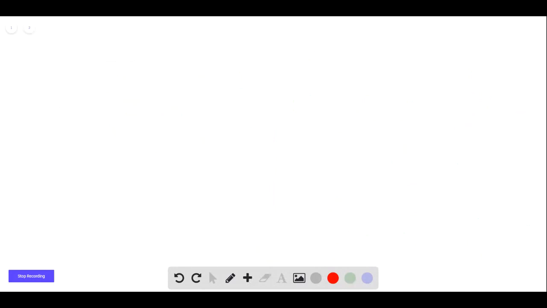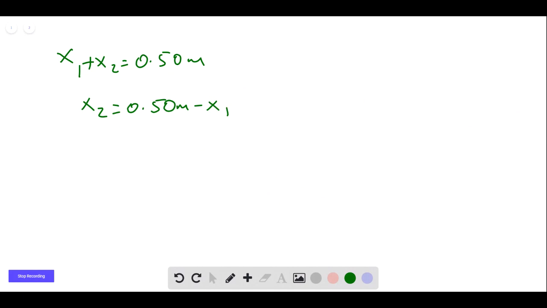So we'll go to the next page and say if x1 plus x2 equals 0.5, this is 0.50 meters. So x2 has to be 0.50 meters minus x1, which is 0.50 meters minus 0.218 meters.